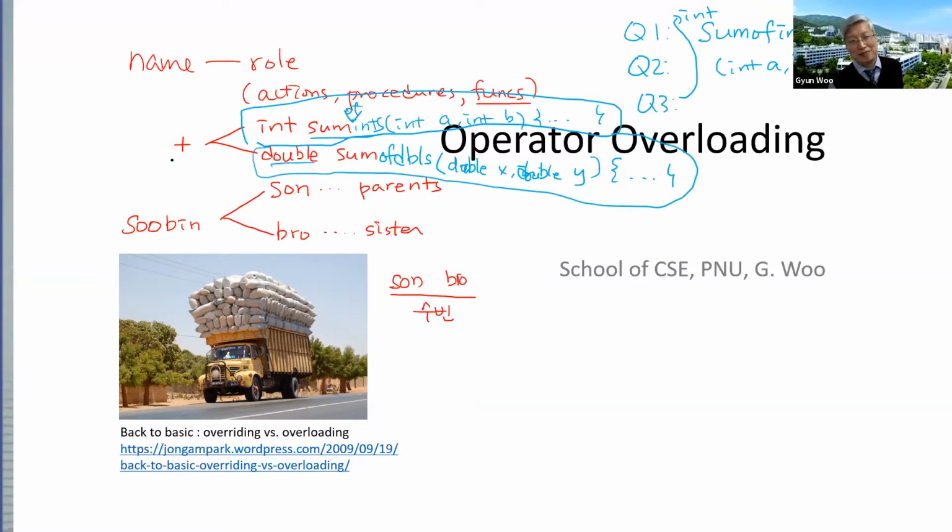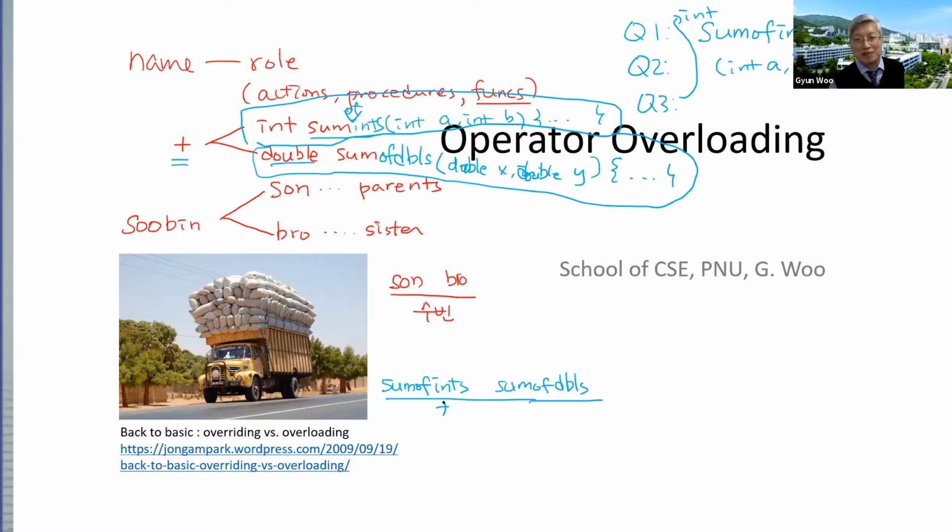So you know that the plus is actually overloaded for two functions, okay? Plus is overloaded. The first row is sum of ints. This function is necessary for plus. How about the second one? You need sum of doubles.